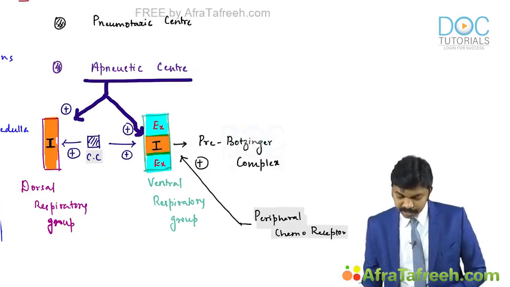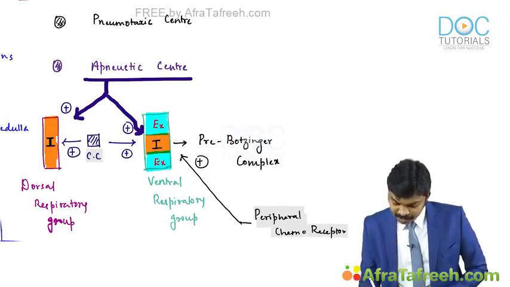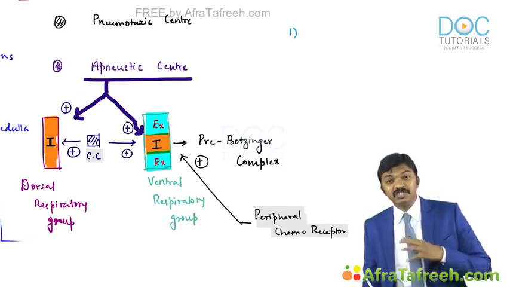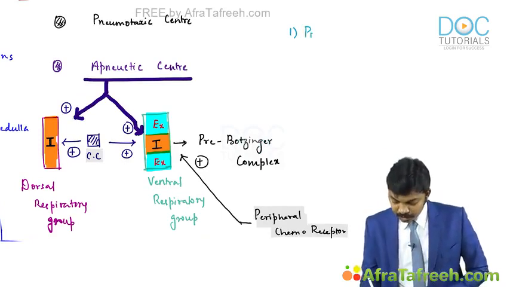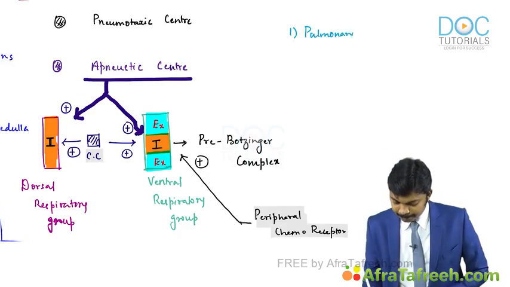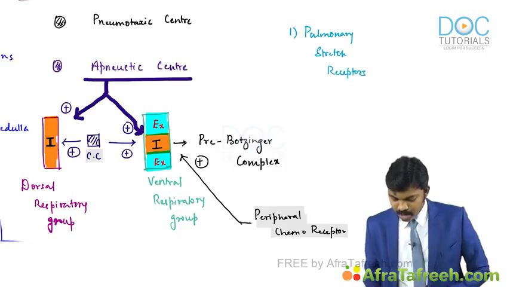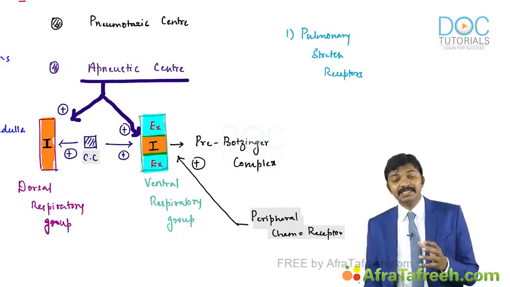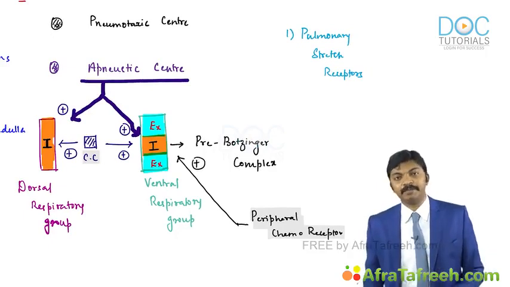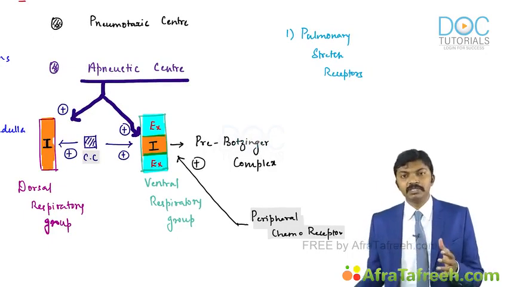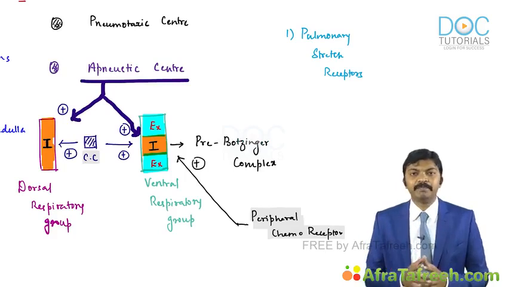We have certain other receptors that are especially involved in sensing stretch of the lungs. They are called pulmonary stretch receptors. Now, pulmonary stretch receptors sense expansion of airways. They are located in smooth muscles and epithelium of airways.